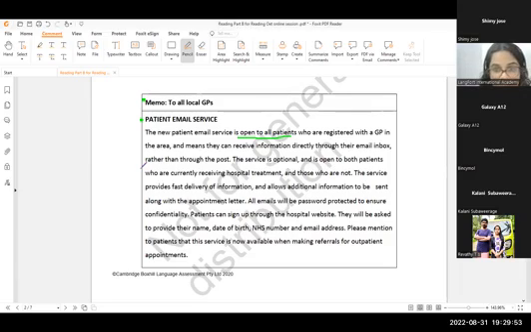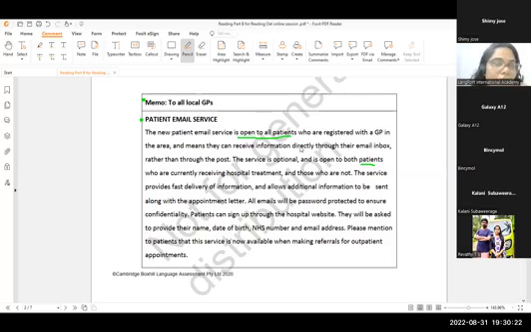Okay, next sentence, Anita. The service is optional and is open to both patients who are currently receiving hospital treatment and those who are not. So this email service is available for everyone, for both the patients who are now undergoing treatment and those who are not taking treatment.